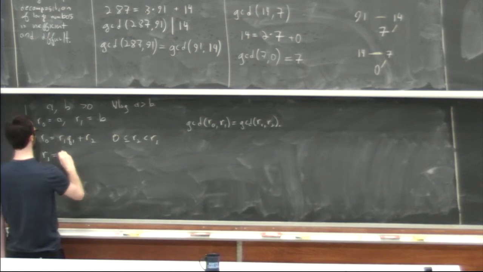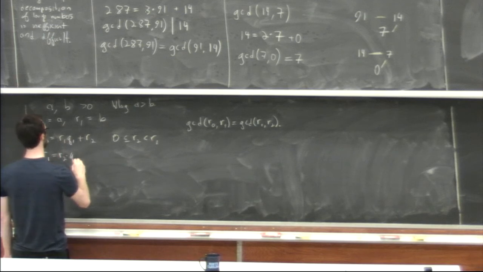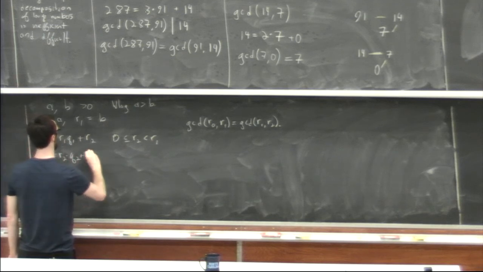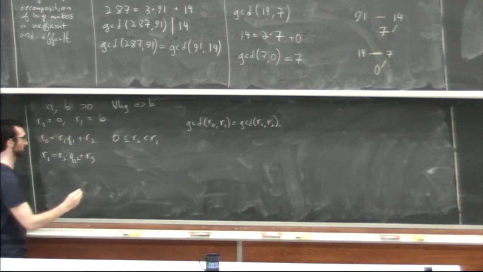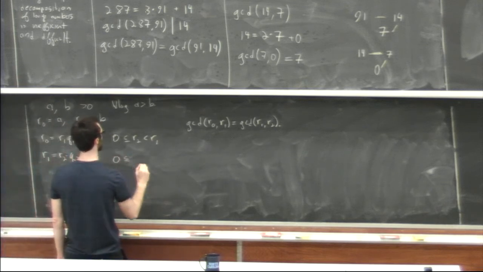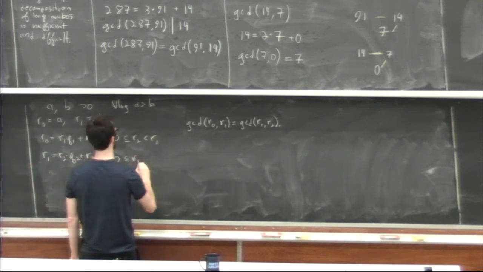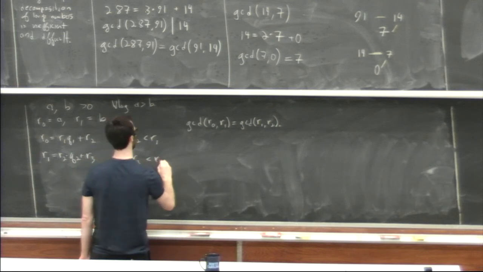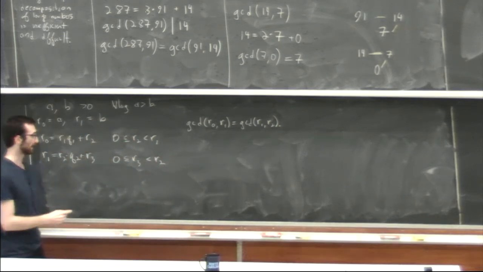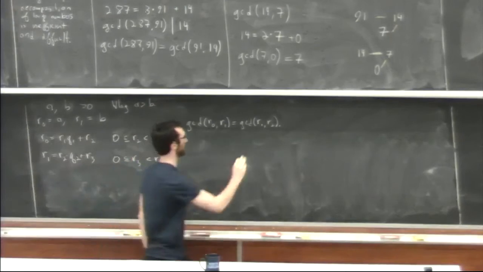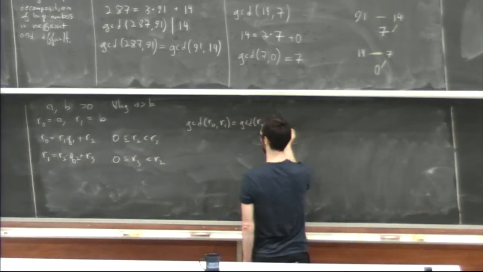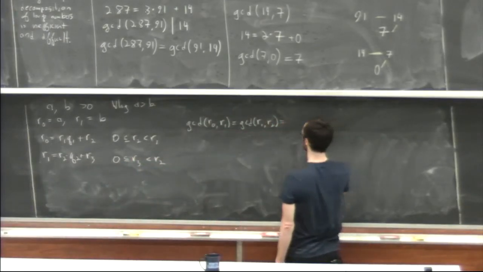This is going to be equal to R2 times Q2 plus R3, where once again, 0 is less than or equal to R3 is less than R2. And I add on to the equality of the GCDs.